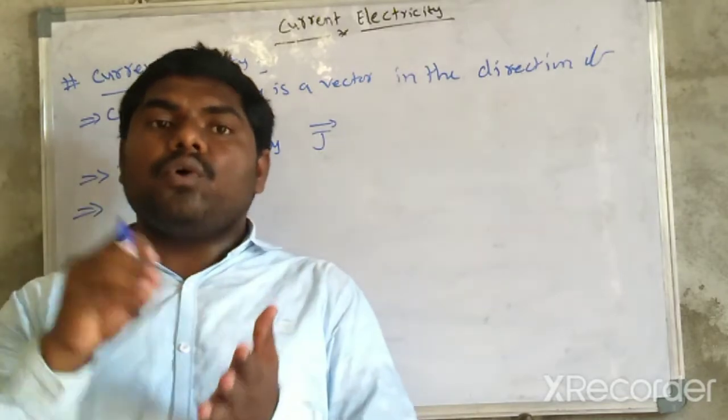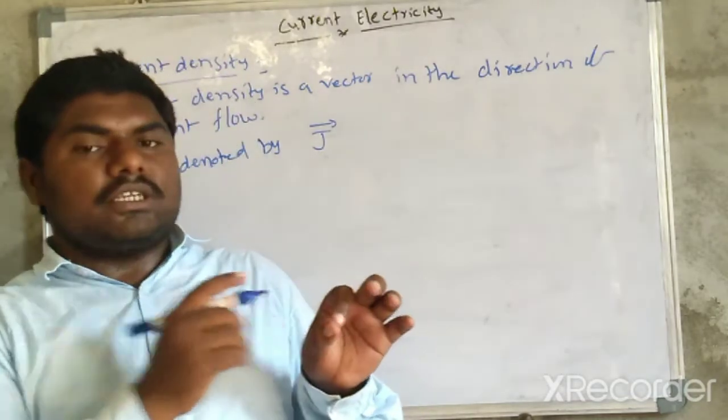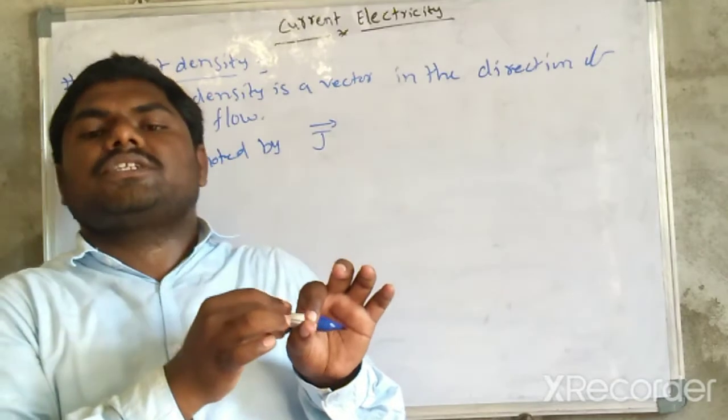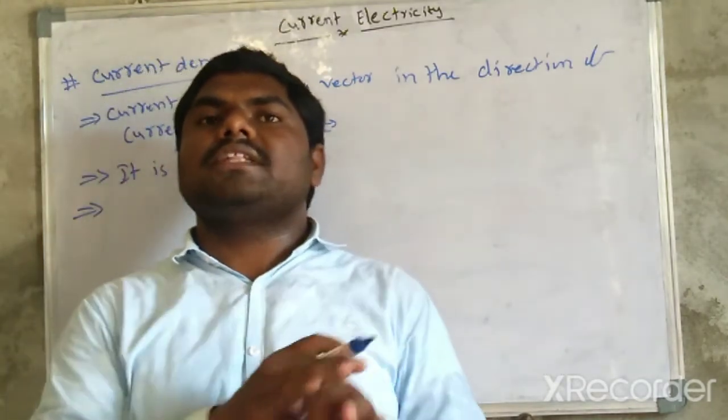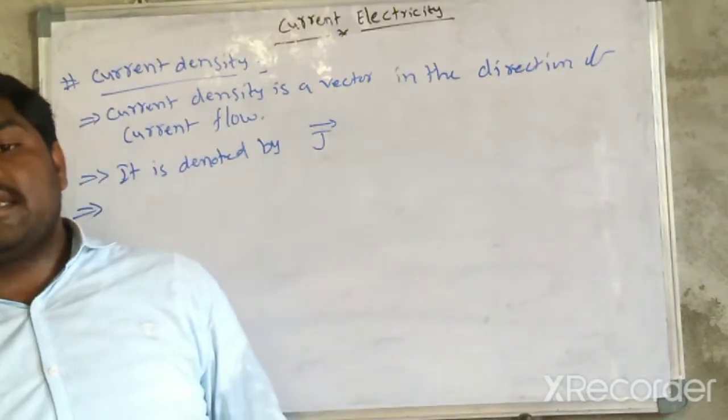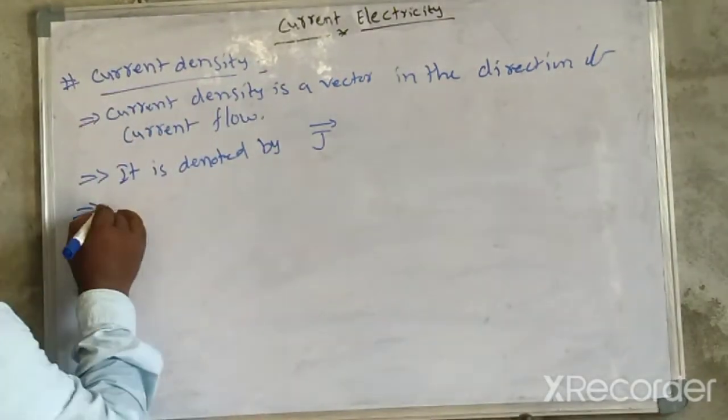For example, the current passing through this cross sectional area, per unit cross sectional area of this conductor, is called current density.